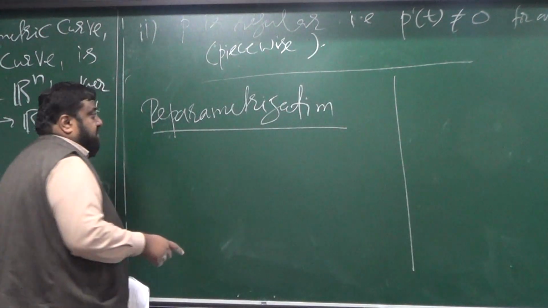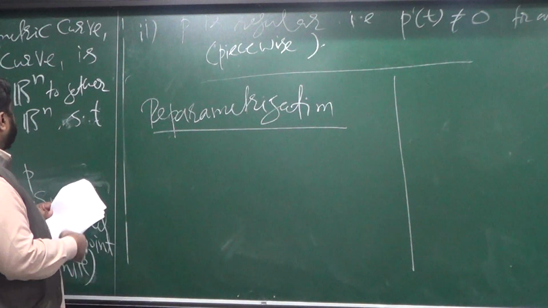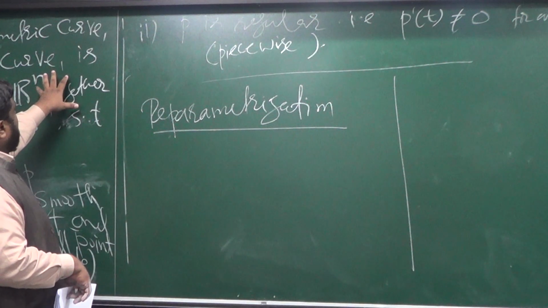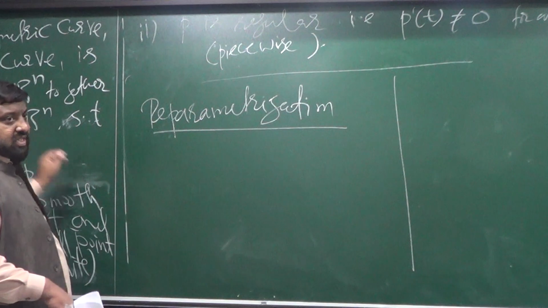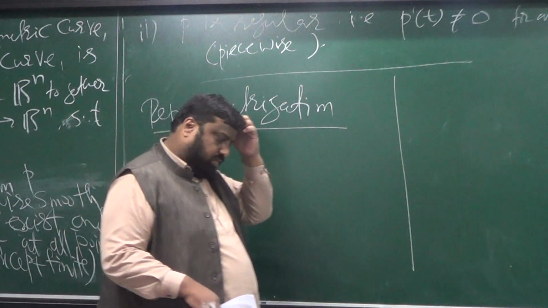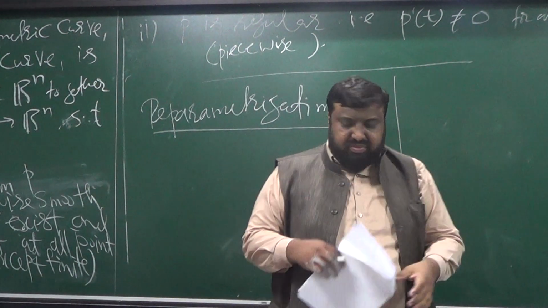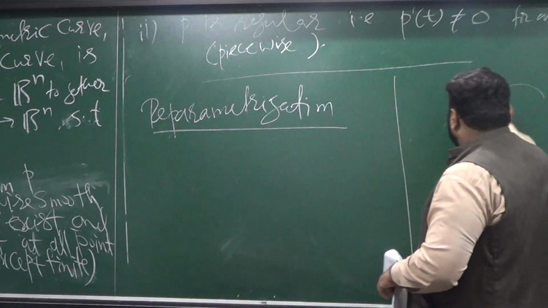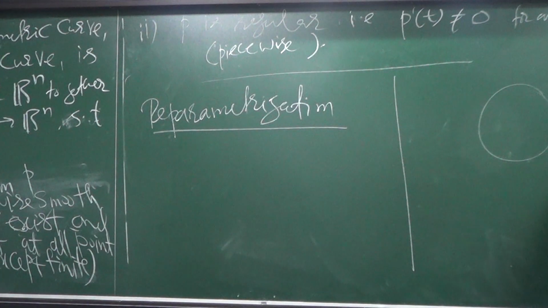So you can have a curve, this path. Imagine a circle. How many ways do you know to represent a circle?